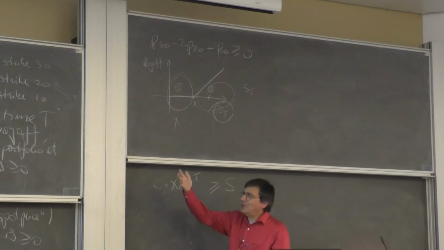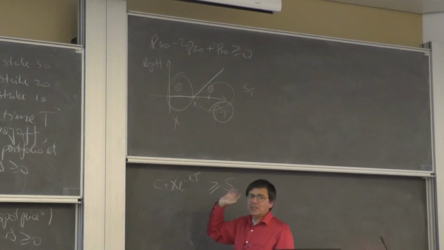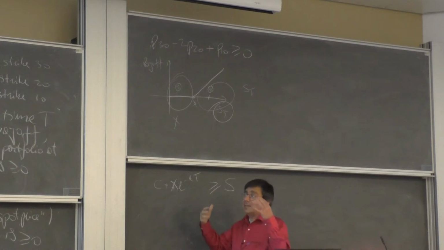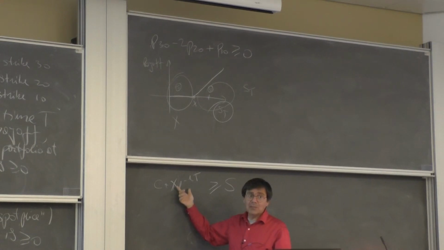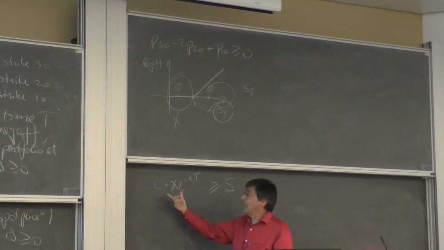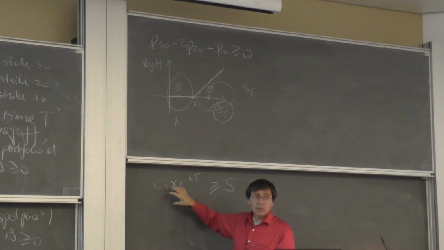We said portfolio A at expiration is worth at least as much as portfolio B at expiration. Portfolio A has 1 call option and this amount of cash deposited for T years, which gives you X pounds at expiration. What do you see in portfolio A at time 0? 1 call option, which is worth this much, and this amount of cash. That's the value of portfolio A at time 0.